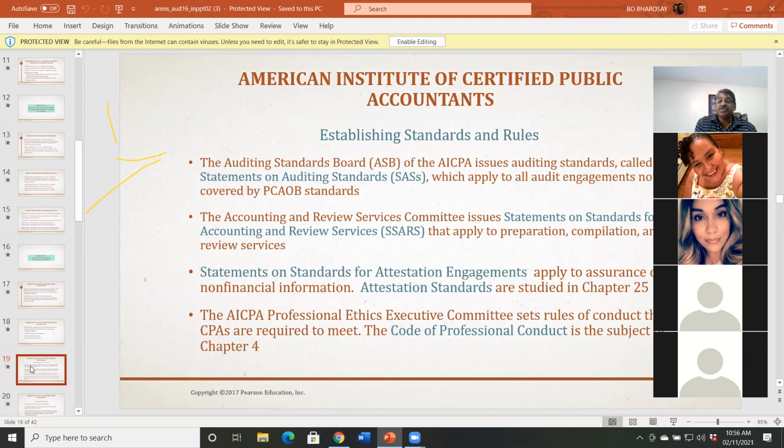The accounting and review services use Statements on Standards for Accounting and Review Services, SSARS. We'll talk about SSARS in chapter 25; they apply to preparation of compilation and review services. They also issue the Statements on Standards for Attestation Engagements, which we'll talk about in chapter 25. And they also have issued the Code of Professional Conduct, which we'll talk about in chapter 4.